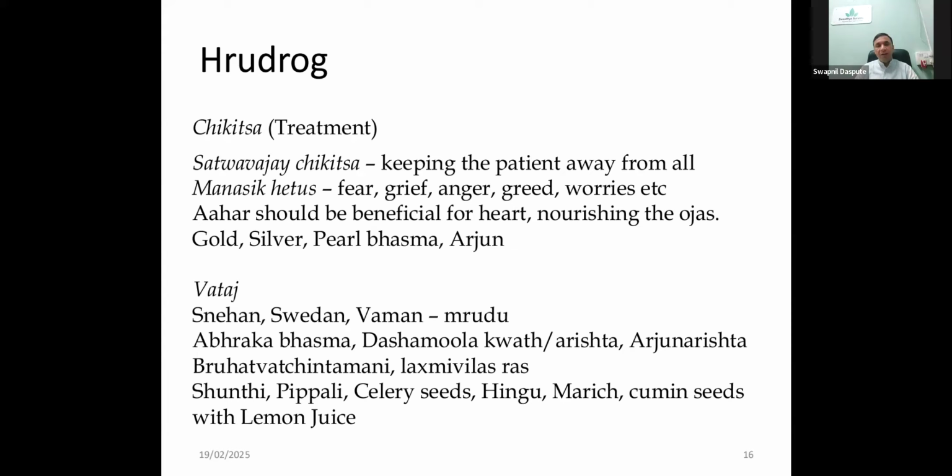But anything which comes from outside, agantuja, from outside, the family members will help in that, or they will play a major important role. If the environment in the family or in the house is soothing, the patient will heal faster.